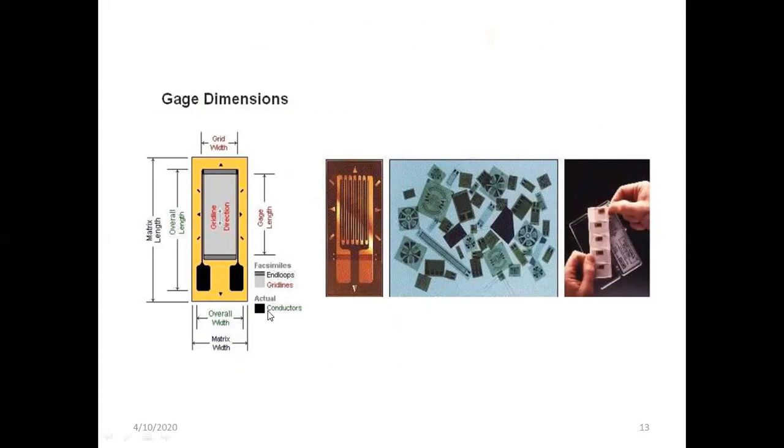So basically, a strain gauge is a device whose electrical resistance varies in proportion to the amount of strain in the device. The most widely used gauge is the bonded metallic strain gauge, which we are seeing here. The electrical resistance strain gauge is an extremely common device used to measure strain in a structure and also a sensing element in a wide variety of transducers, including those used to measure force, acceleration, and pressure.